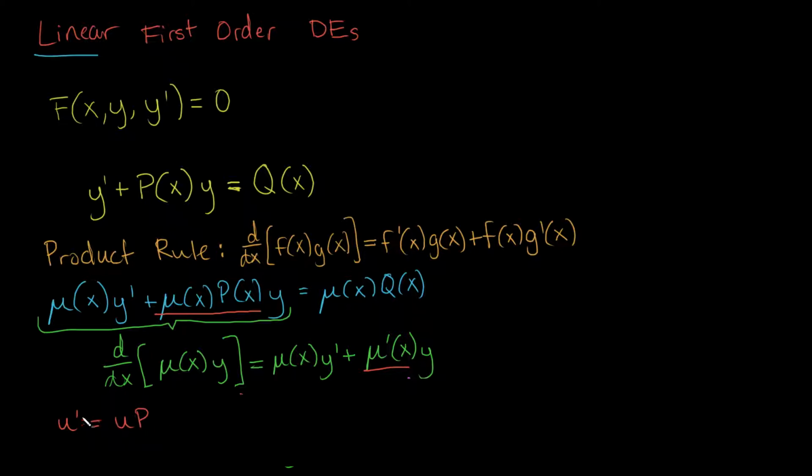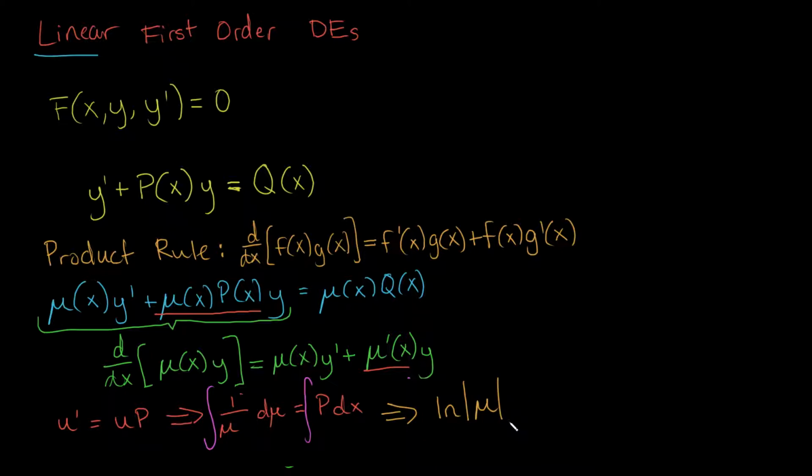So if we get the mu onto the mu prime side, what we're left with is 1 divided by mu d mu equals p dx. I went through the separation of variables pretty quickly, but I multiplied by the dx and I divided by the mu. Now if we take the integral of this correct expression, on the left side the integral of 1 divided by mu is going to be the natural log of the absolute value of mu.